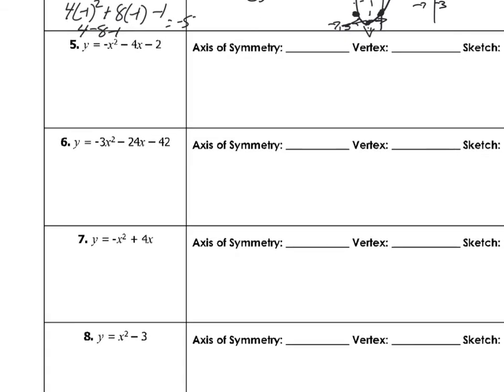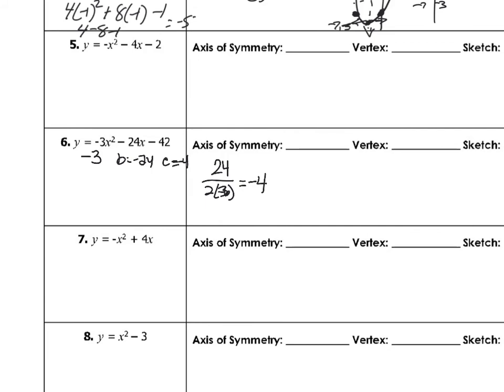All right, axis of symmetry. So A is -3, B is -24, C is -42. Okay, so the opposite of B, so the opposite of negative 24 is positive 24, divided by 2 times negative 3, which is negative 6. So 24 divided by negative 6 is negative 4.